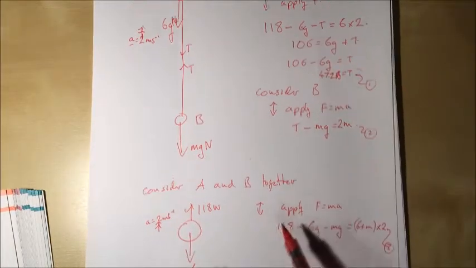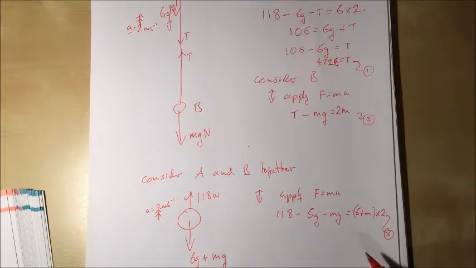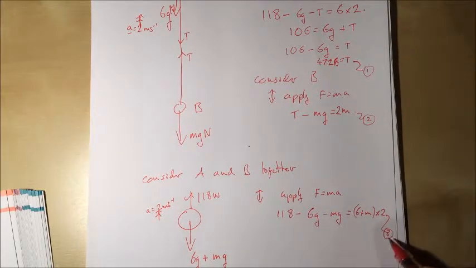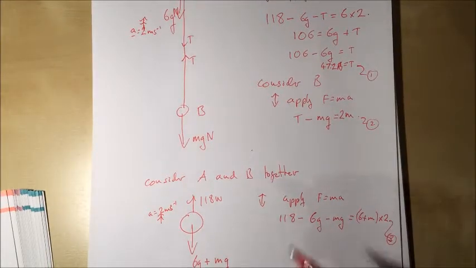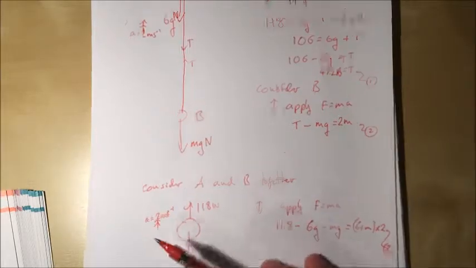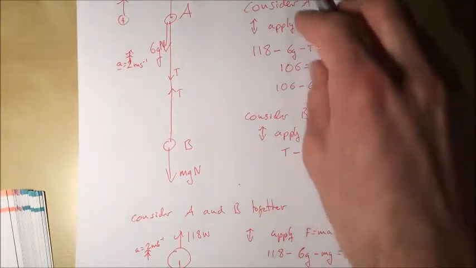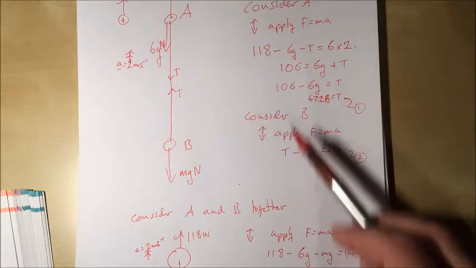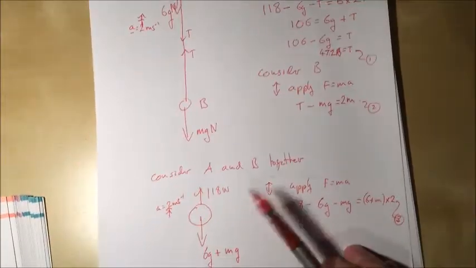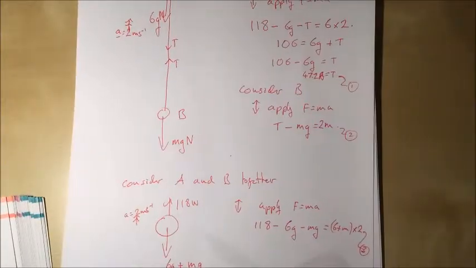Now, as it happens here, you've probably realised I didn't need this third equation, but it's good practice, at least in your head, to think what are the things that I could apply here. I could do motion at A, I could consider A and B separately, and then I could consider A and B together.